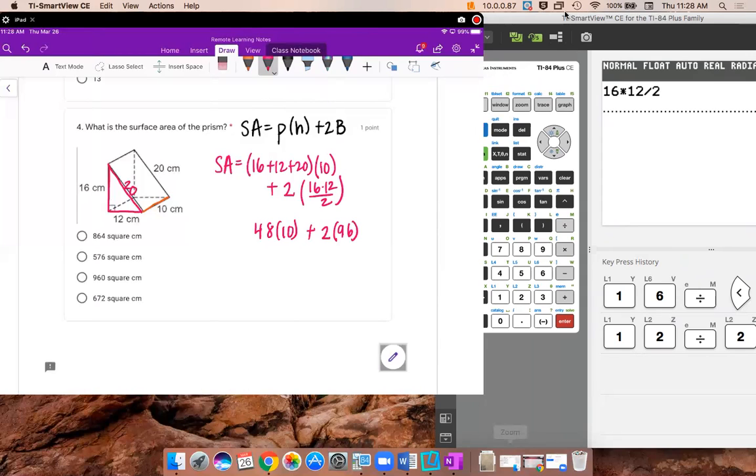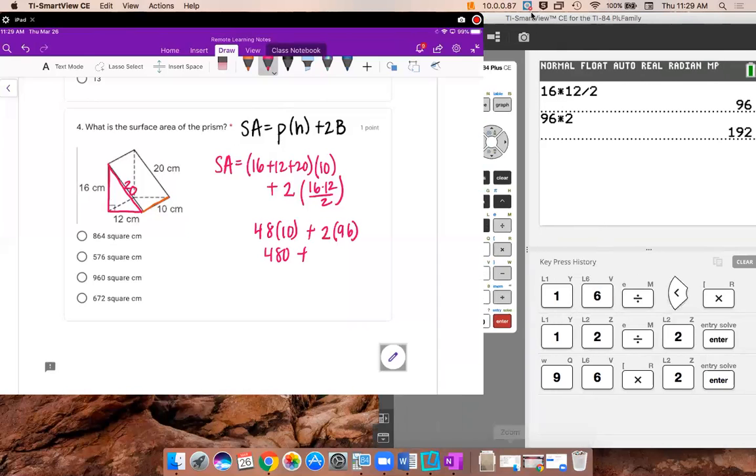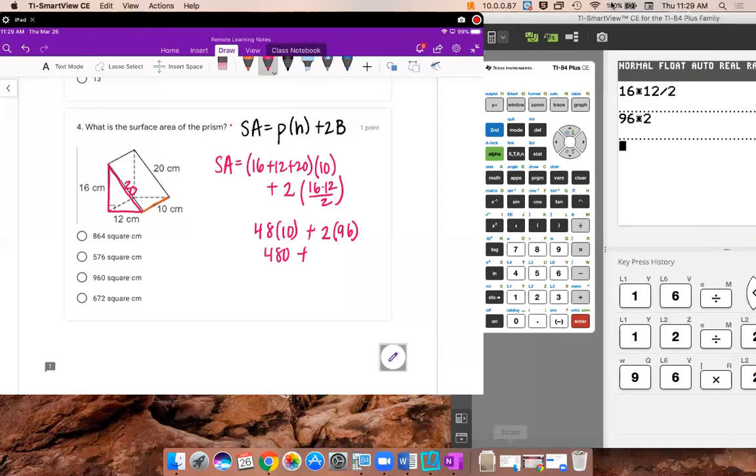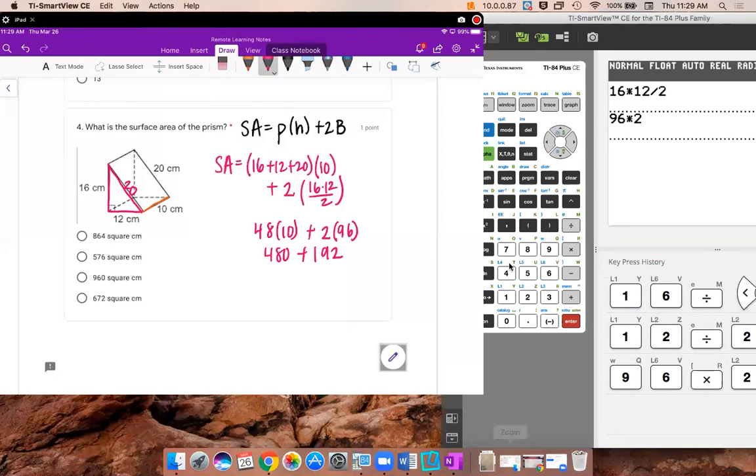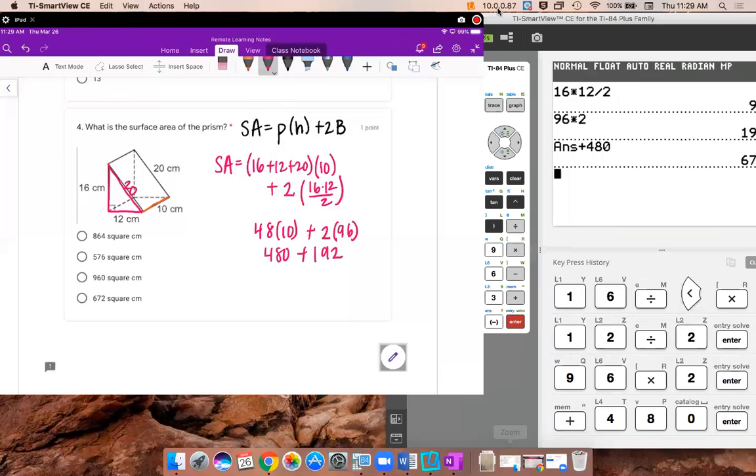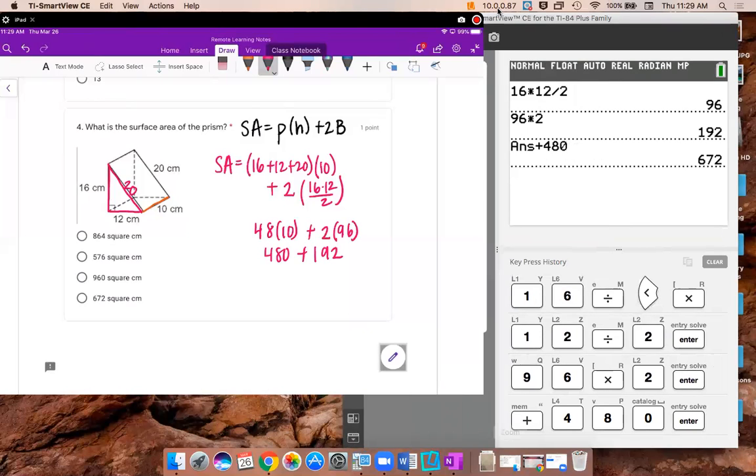And this becomes 480 plus 96 times 2, so 192. So 192 plus 480 gives us 672. So total surface area for this is 672 centimeters squared. So that should be your correct answer right there.